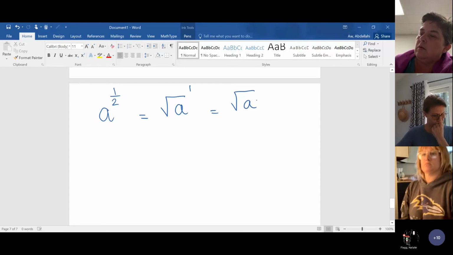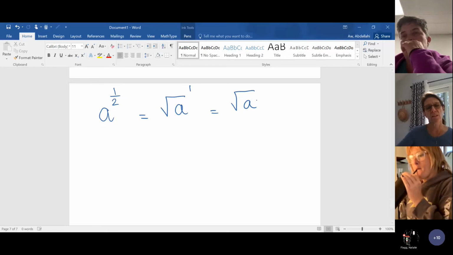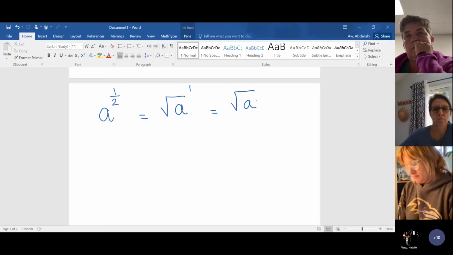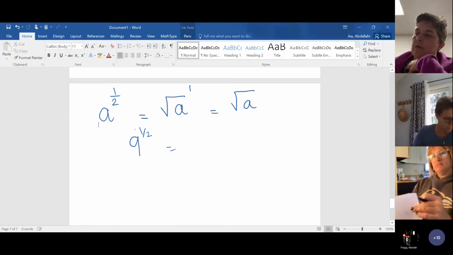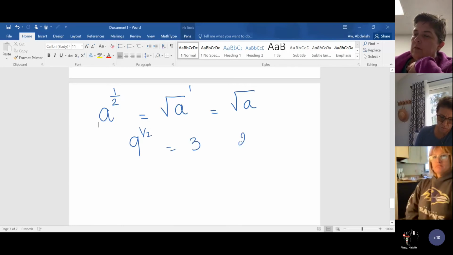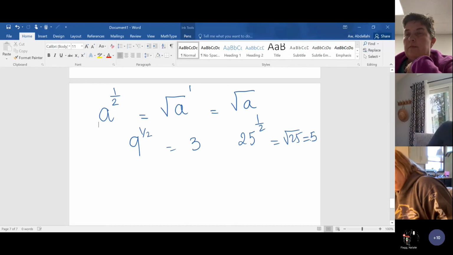So another way to write the square root is to raise a number to the 1/2 power. The square root and the 1/2 power are exactly the same. When you see 9 to the 1/2 power, you read the square root of 9, which is 3. When you see 25 to the 1/2 power, it's just the square root of 25, which is 5.